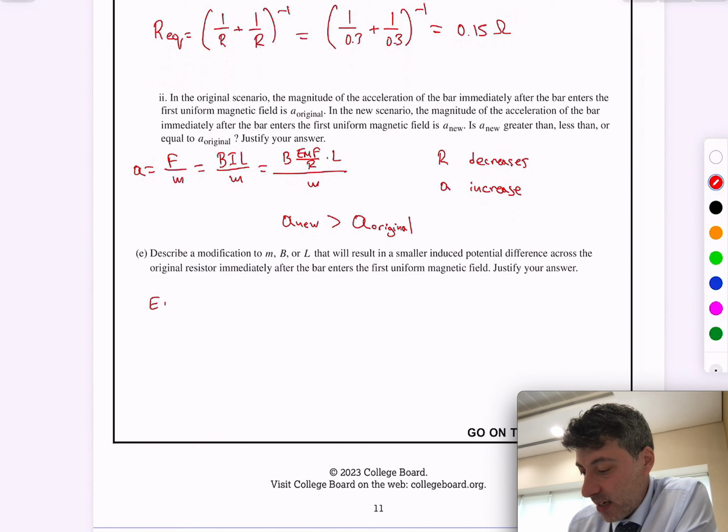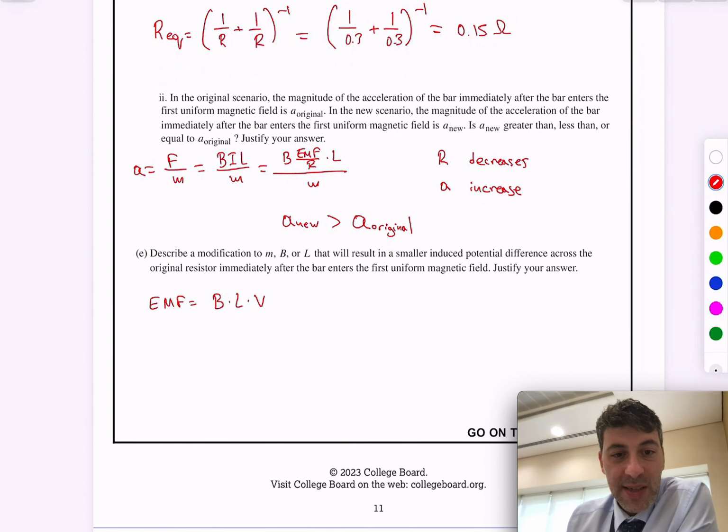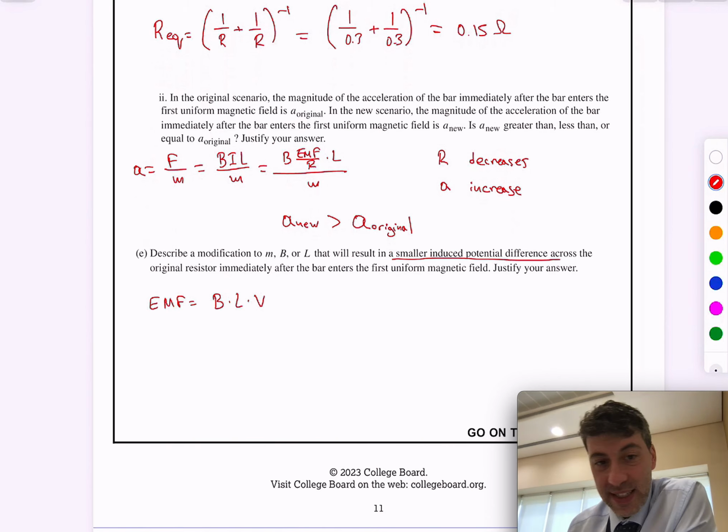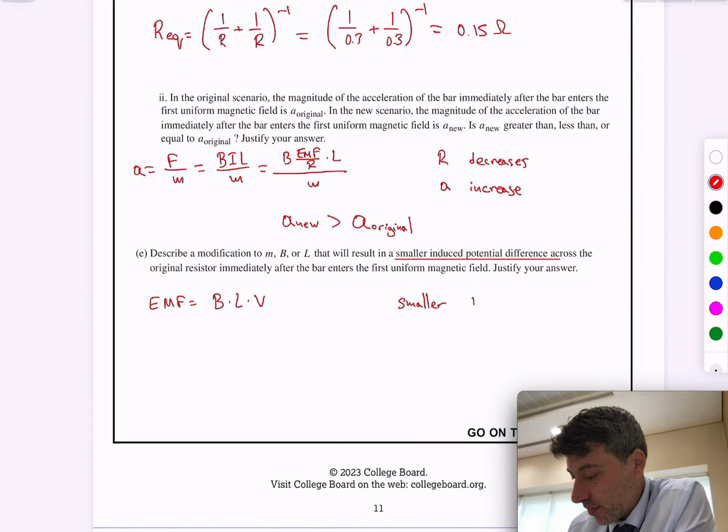And we said that the potential difference was BLv. So a possible modification that can decrease the potential difference is a smaller magnetic field, or bring the rails closer together, a smaller value for the length.